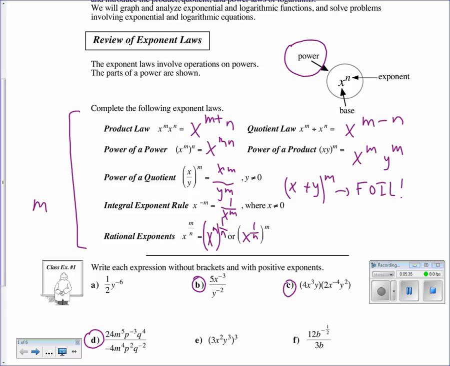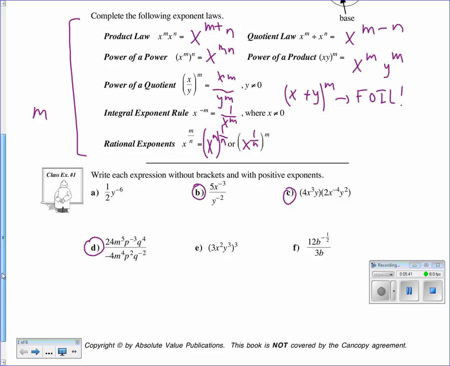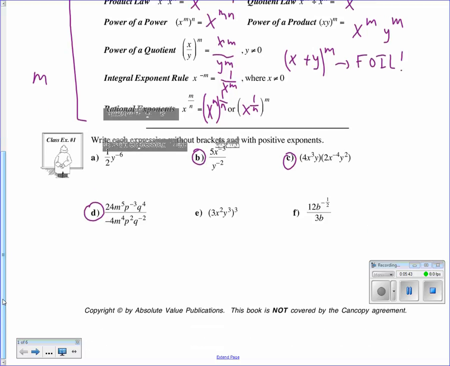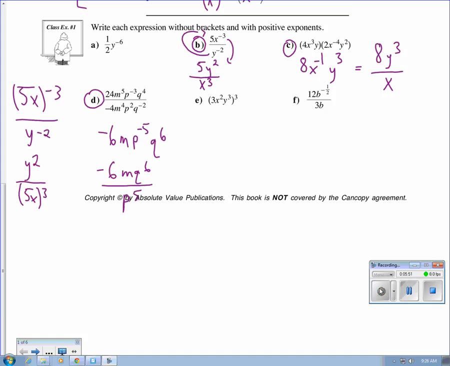So if we slide down, we get to use these exponent rules right away. We want to do these 3 questions to write them without brackets and positive exponents. Can you try that? Here are the answers for the shifting of signs and dividing.